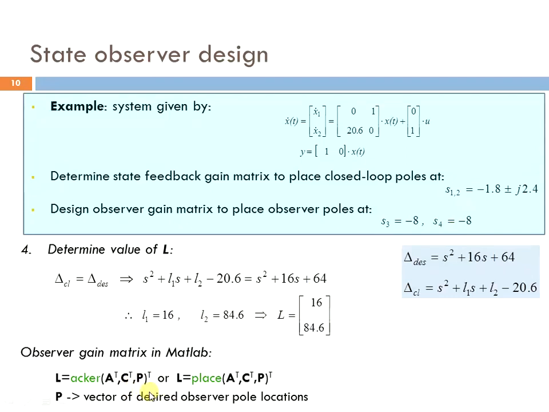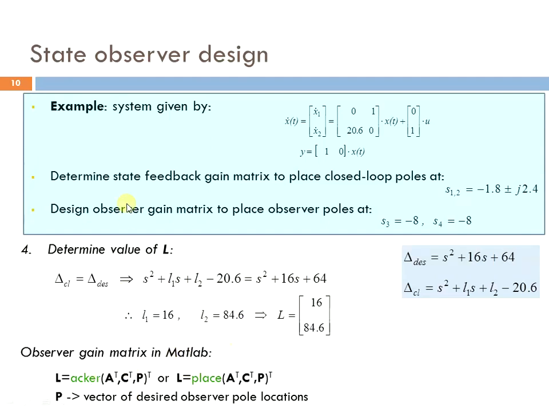One thing to note here also is that the state and output matrices are transposed, and we can understand the reason for this when we also think about how the observability matrix is constructed. It also requires the state and the output matrices to be transposed.